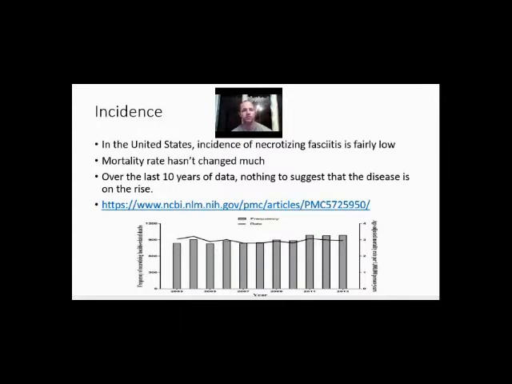The last 10 years of data collected for the United States show nothing suggesting that the disease is on the rise or the decline, but rather that the risk of developing necrotizing fasciitis is very low. It's something that can be very easily prevented. So with that, we'll move on to signs and symptoms and then treatment and prevention.